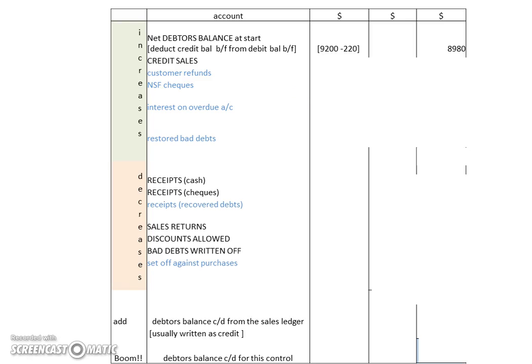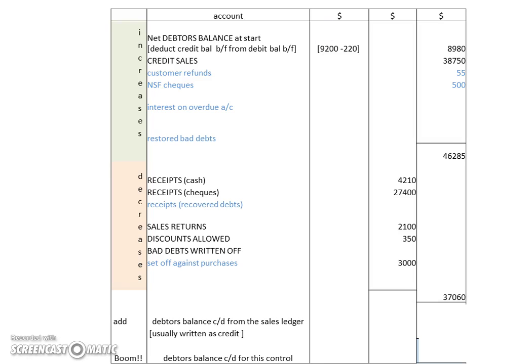And at the end, we're going to add on that extra balance carried down from the sales ledger. So I'm going to quickly put in my numbers. So I put in all of the ones that will increase the balance, and I add it up. I get 46,285. Now I'm going to put in those that will decrease the balance. And we know the answer already is 37,060.